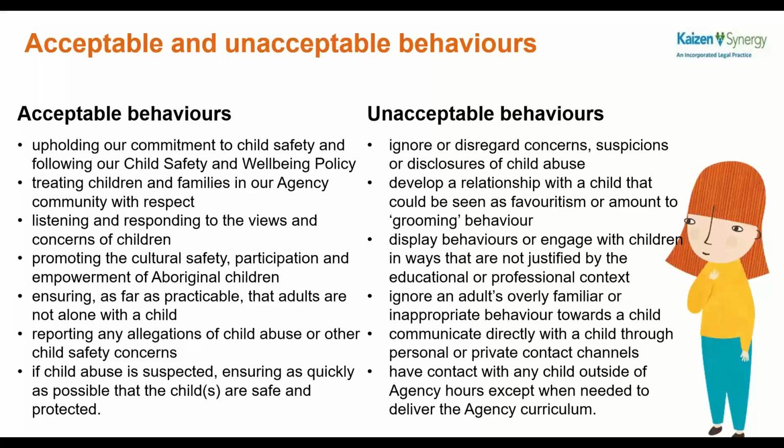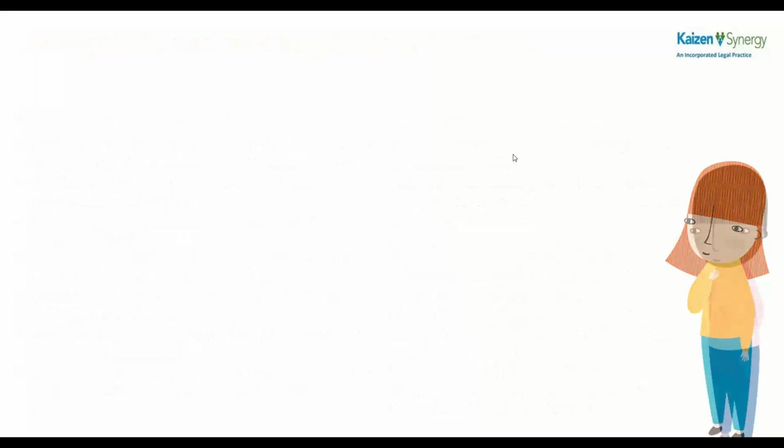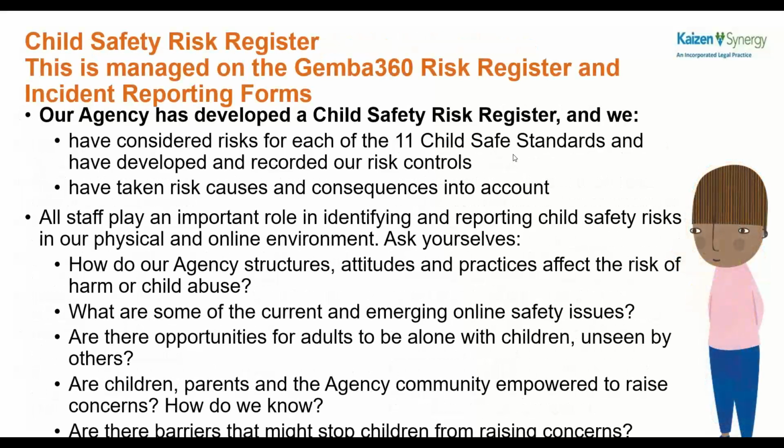Essentially, acceptable behaviour is about upholding the commitment to child safety and treating children and families in your agency with respect. This means listening and responding to views and concerns of children and promoting cultural safety where relevant. There's also the need to report allegations of child abuse or other child safety concerns, and that can be done via the Gemba 360 incident reporting form.